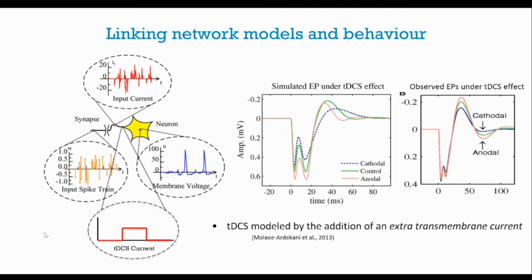Again, whether that means that's exactly how the brain works is a different matter, but it's a nice example of where the model can be compared to physiology and be used to develop hypotheses, perhaps, of how these circuits respond to tDCS and test new ideas as well.